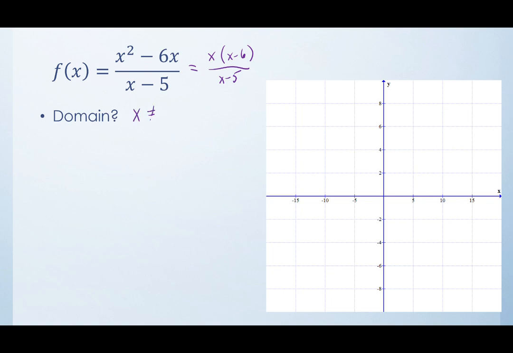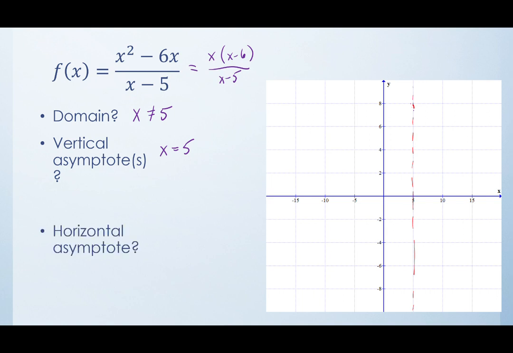So no divide by zero error, so we can't have x equal to 5. Of course, and there's no common factors top and bottom, so no holes, just a vertical asymptote at x equals 5. So this one, I'm going to leave my scale alone. We're going to put in that vertical asymptote right there.